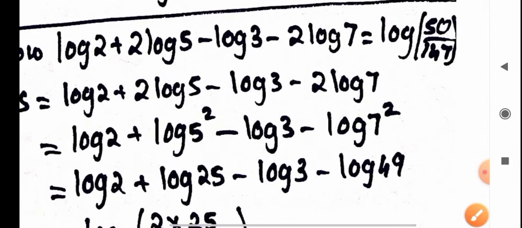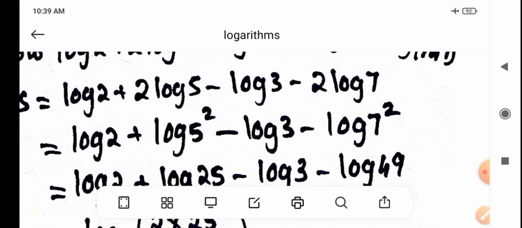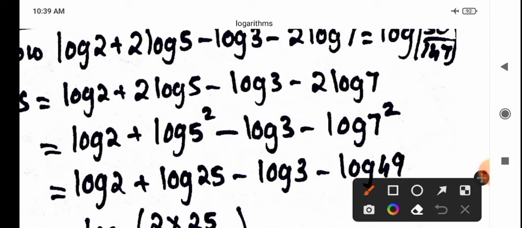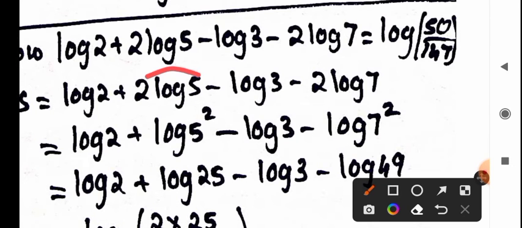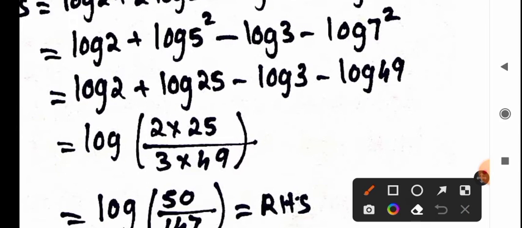Now another example, show that log 2 plus 2 log 5 minus log 3 minus 2 log 7 is equal to log 50 by 147. Now using power rule, this will become 5 square and this will become 7 square. 5 square will become 25, 7 square is 49.